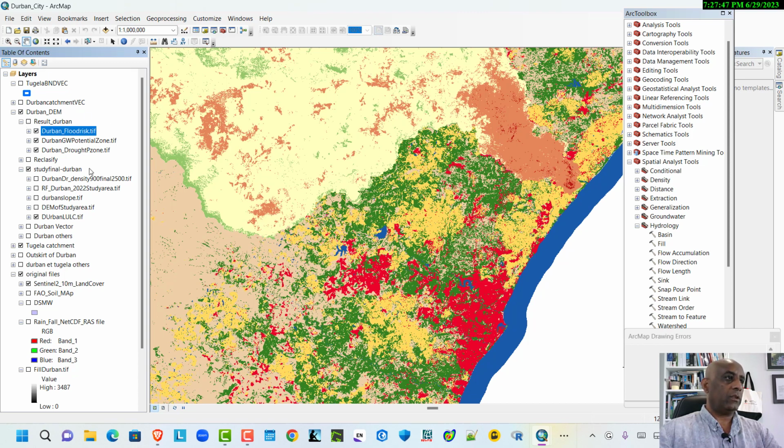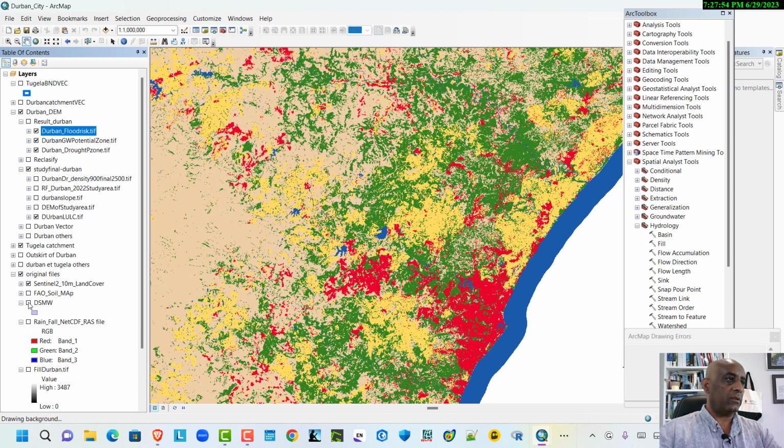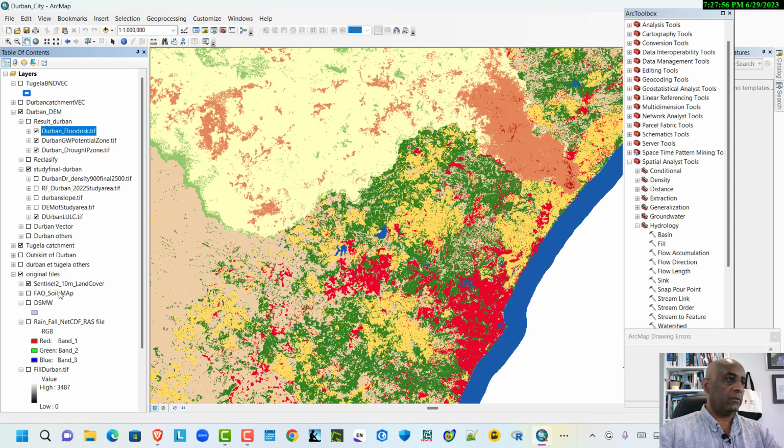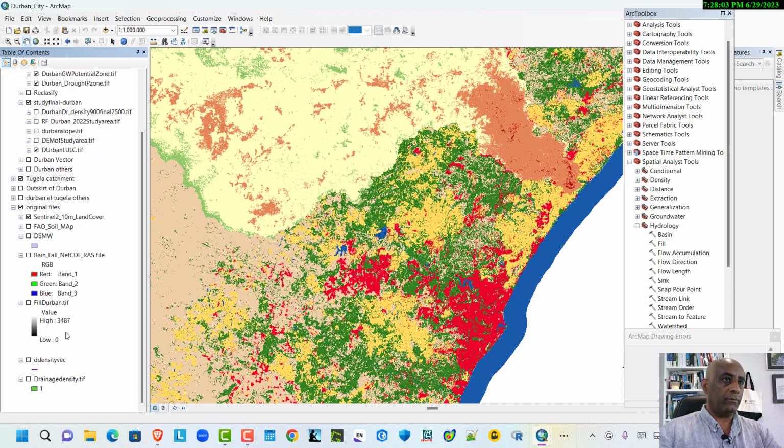So these are the data I use. So land cover, soil map, rainfall, annual rainfall.